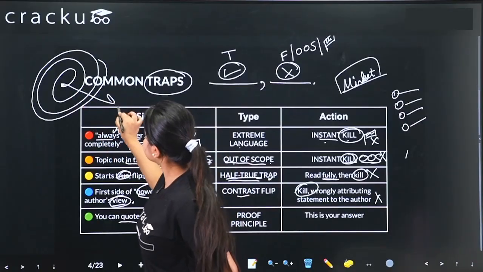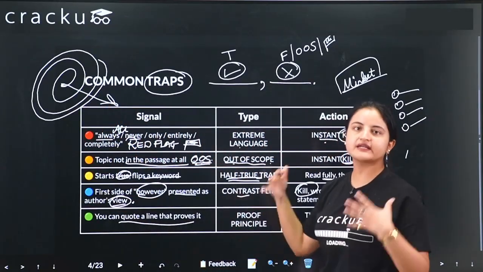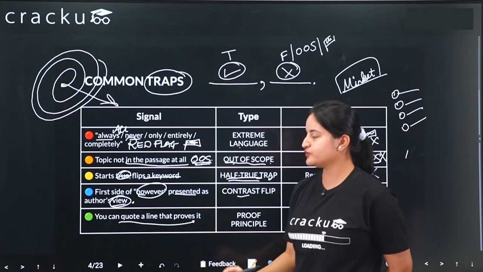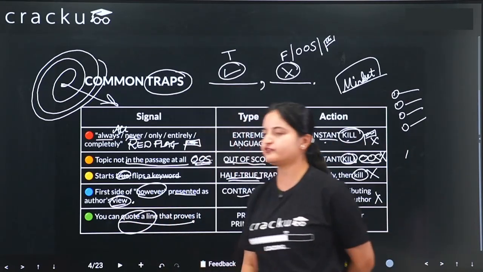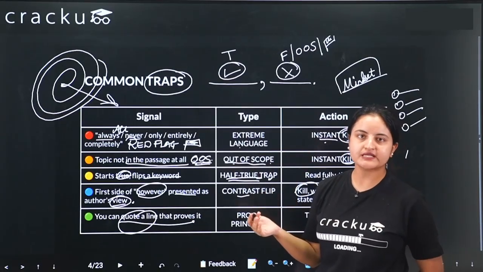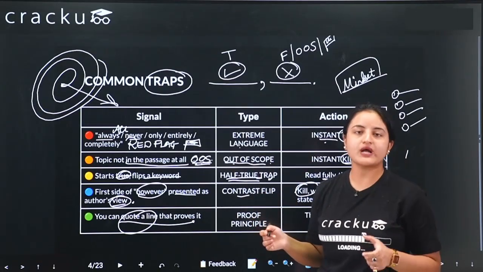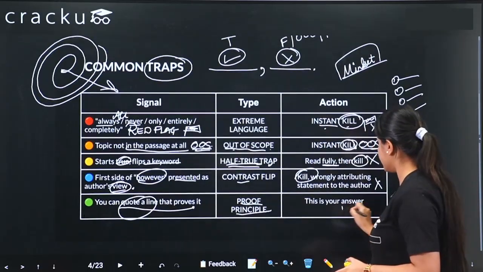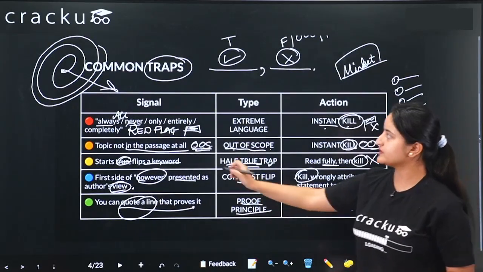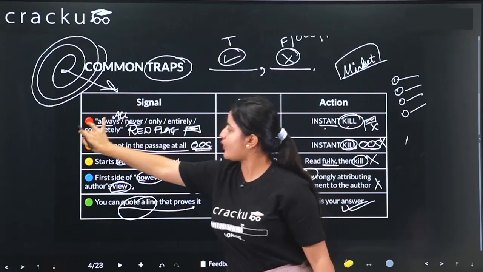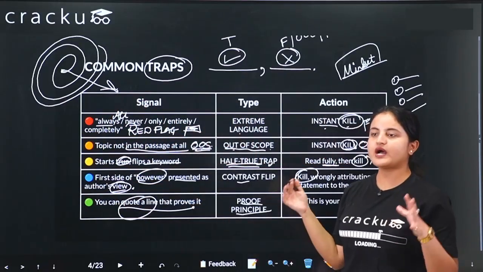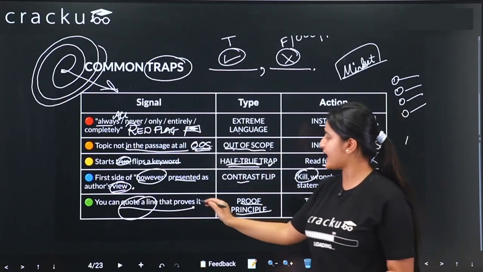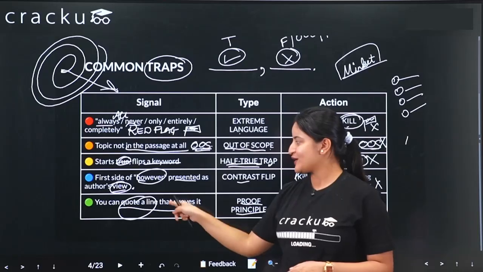You can get out from it, especially in the case of IPMAT and the UG exams that we are discussing, if you can quote something from the passage that is matching with one of the options. Then you have a proof, and this becomes our answer. So this is the redemption from all these kinds of traps. If you have an option that you can quote from the passage, you can get out of it and it works.